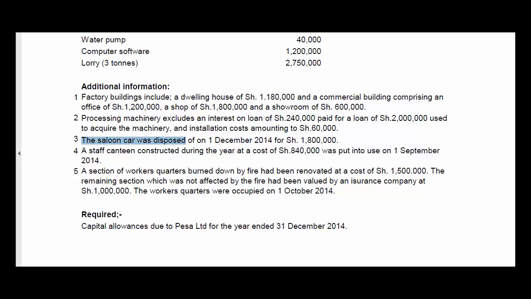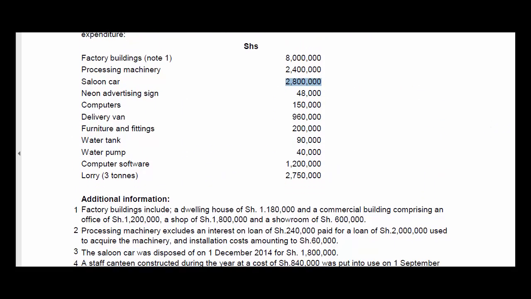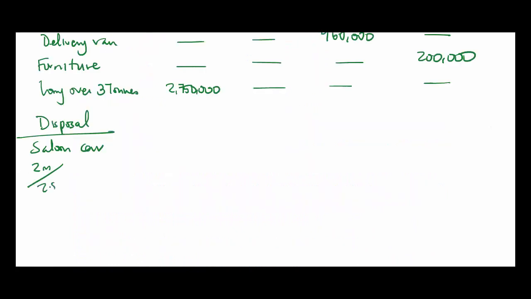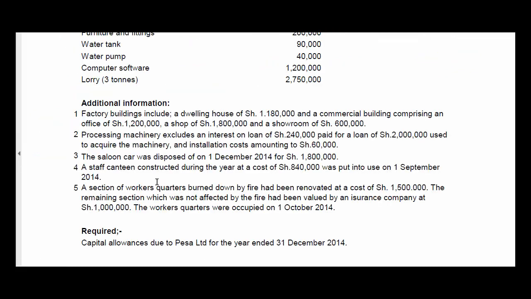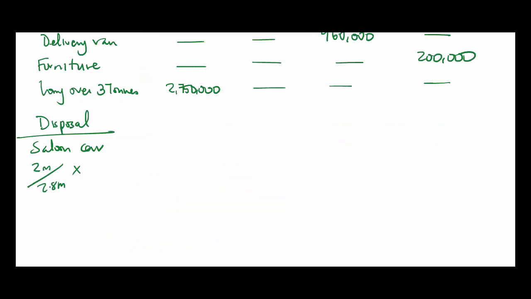So we know that the saloon car had a cost of 2.8. So 2 million over 2.8 million times the disposal proceeds that we have, 1.8 million in note 3, which gives you 1,285,714.